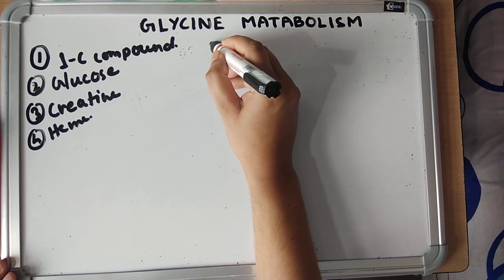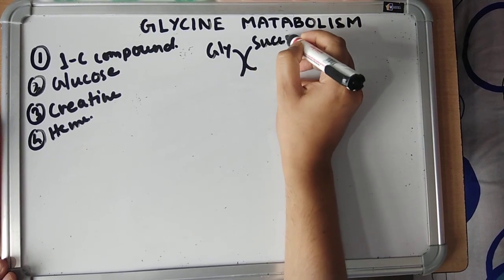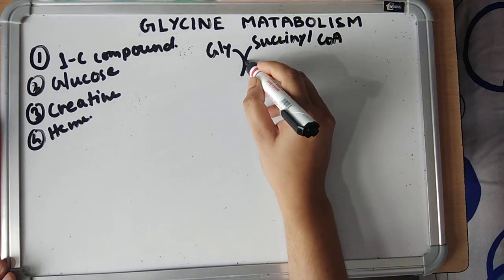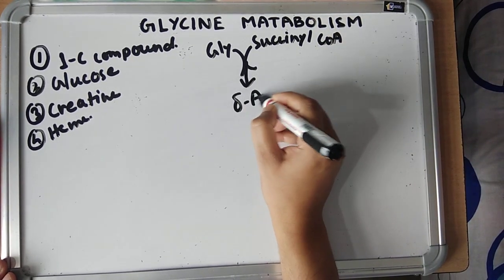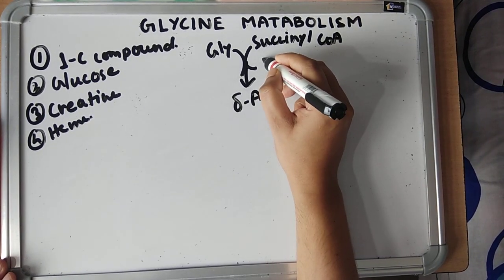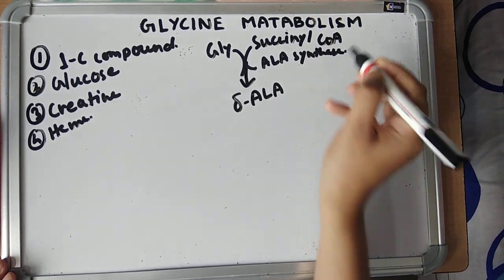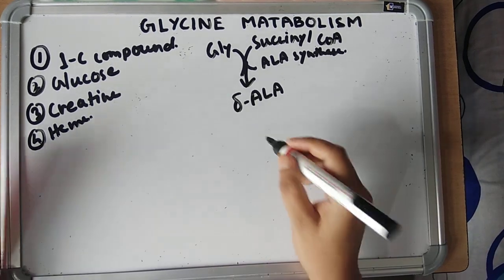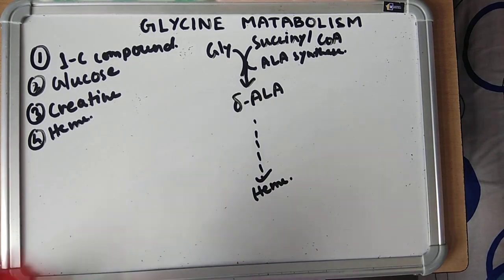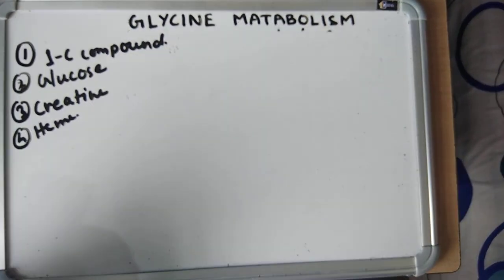The first step of heme synthesis starts with glycine and succinyl coenzyme A, which forms delta aminolevulinic acid, and the enzyme catalyzing this reaction is known as ALA synthase, which is a key enzyme of the heme synthesis pathway, and ultimately it forms heme. So this is another important compound produced from glycine.